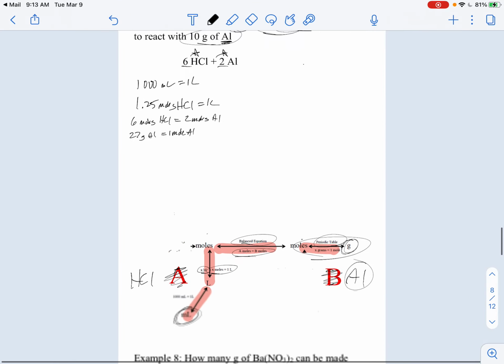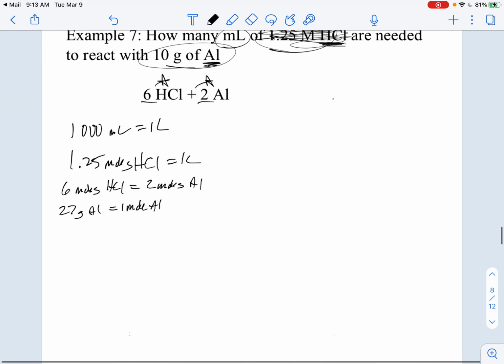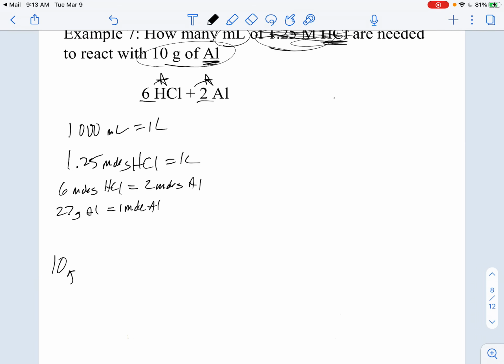As soon as I have all 4 of my equations written for my mole map, then I start with what I'm given, which is 10 grams of aluminum, and I start knocking some of these things down. I got to get rid of the grams of aluminum, so I'm going to put 27 grams of aluminum down here and 1 mole of aluminum up here so that my grams cancel my grams.